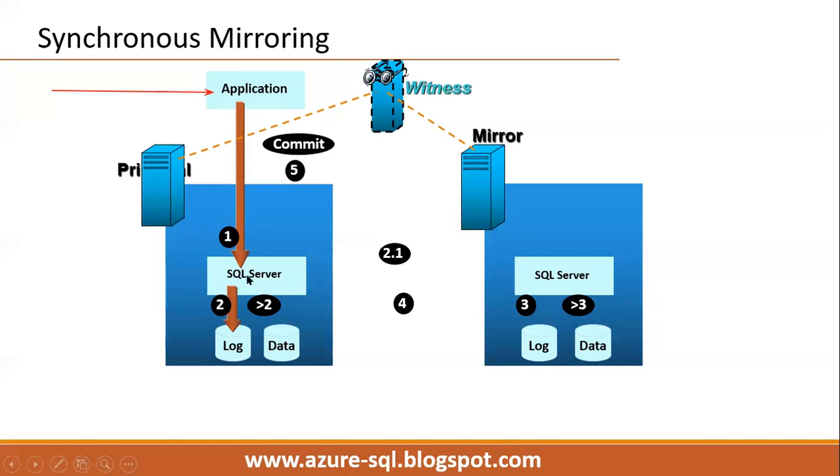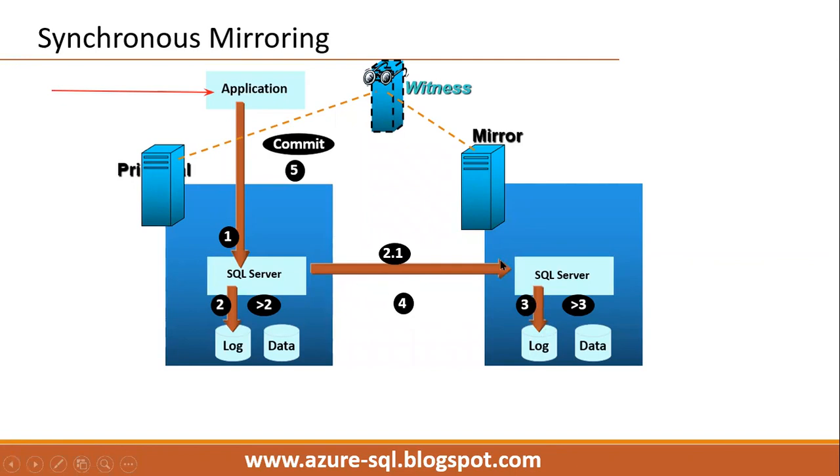Once the changes are written into the principal database log file, immediately these changes are submitted to the mirror, and the mirror also writes the changes into its log file.